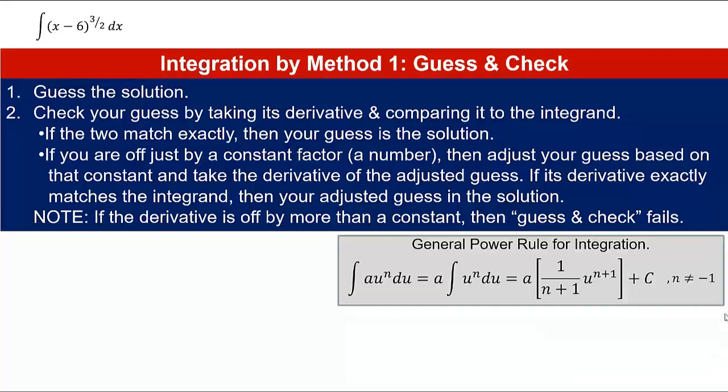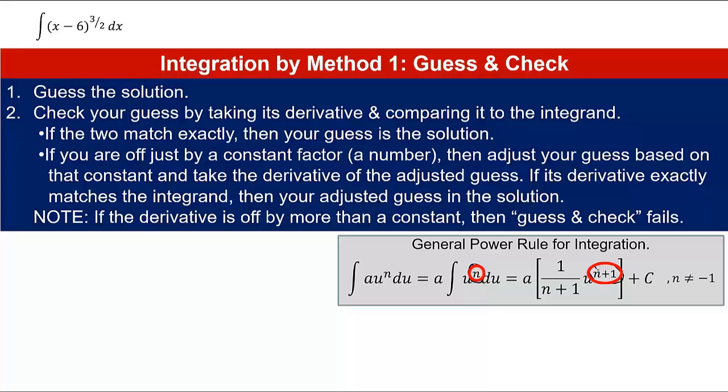We're going to be, generally speaking here, using the general power rule for integration as our model for our guess. And the reason is, when you have an integrand raised to a power, the general power rule for integration tells you that the solution will have a power 1 higher than the power in the integrand.